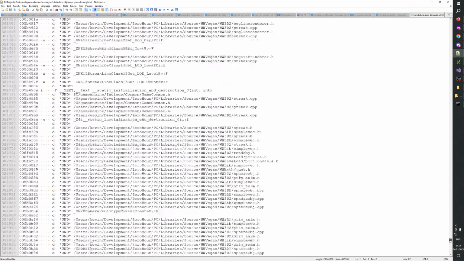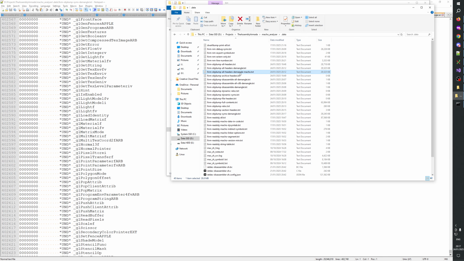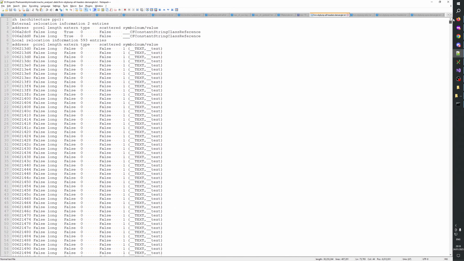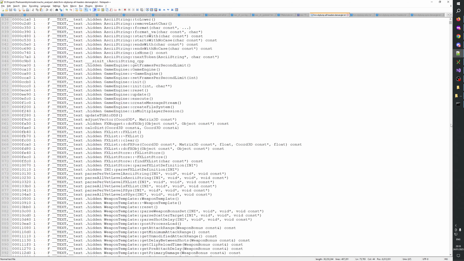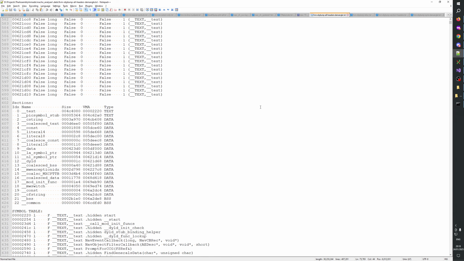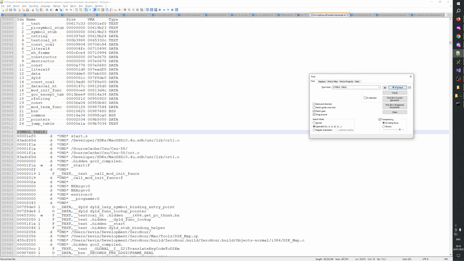It's probably just the same as this one here, but this one has a few more infos at the top. Architecture. So it prints everything here. Okay. So there must be two symbol tables then. So there's this, and there's the second one.